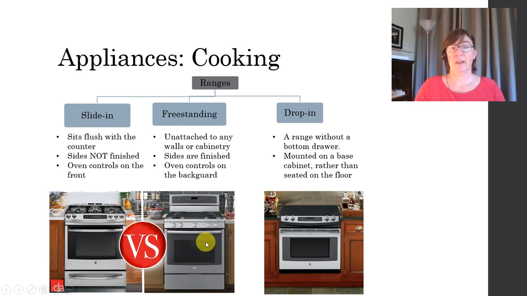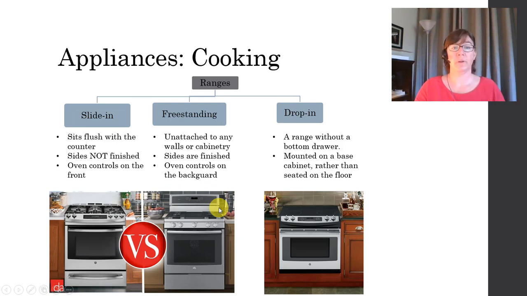A freestanding range is not attached to the cabinets, and so it has finished sides. I forgot to mention the slide-in is actually attached to the cabinets. It's very easy to tell the difference because of this panel that pops up in the back right here. All right, your freestanding range is going to have this panel.